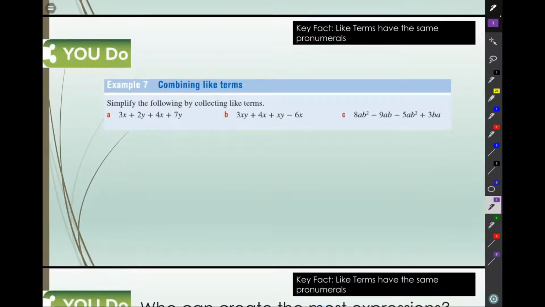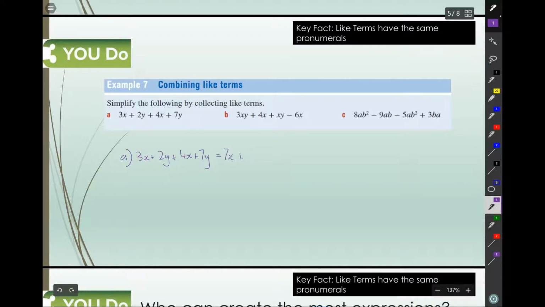Alright, I want you guys to pause right here and have a go at this one. This one should be pretty straightforward. In this one, we've got two x terms and two y terms. We've got 3x and 4x, so that combines to give us 7x.